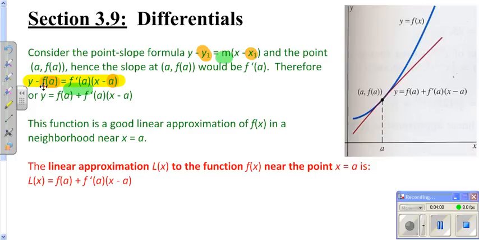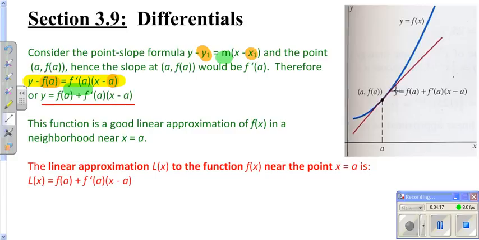Now, all we're going to do is try to get y by itself, because typically we would like y by itself, so we're going to add an f of a to both sides. And that's how we come up with the equation of a line that's tangent to a curve.